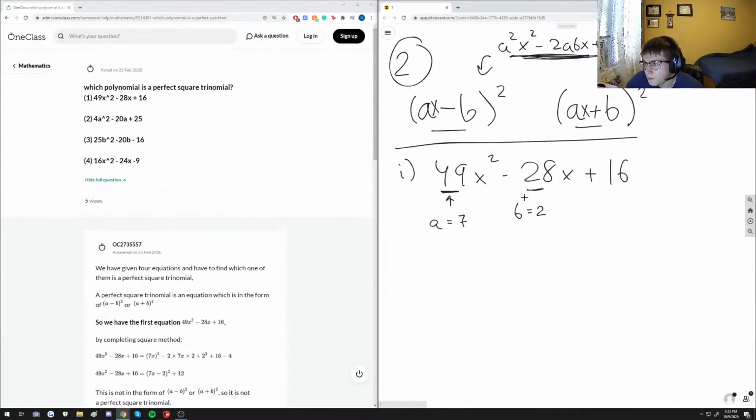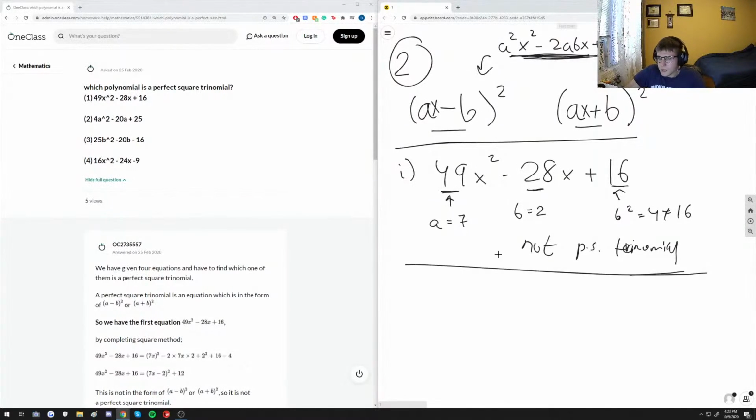So far so good. These first two terms line up with our assumptions. But now when we get to this third term, this term has to be equal to b squared. And in our case, since our assumption is that b is 2, b squared is going to be 4, which is not equal to 16. So therefore, this is not a perfect square trinomial.